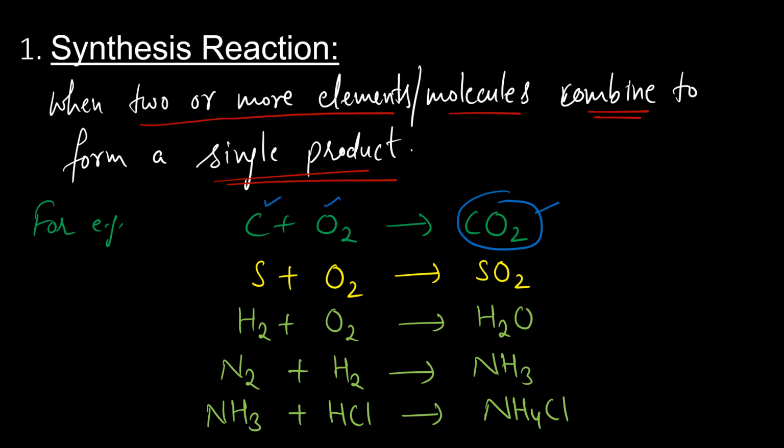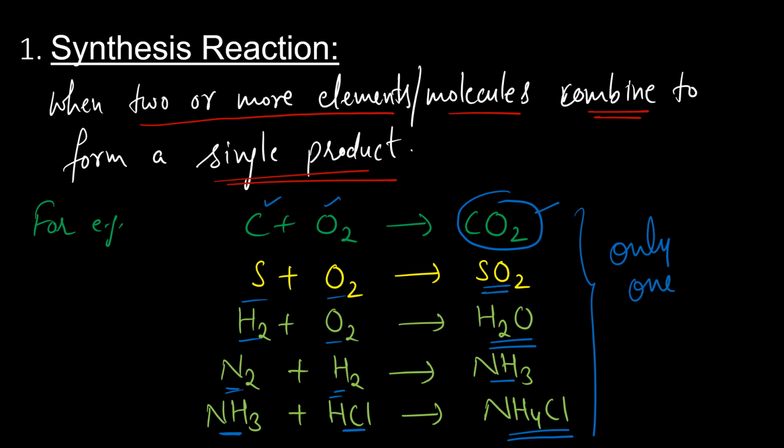Similarly, sulfur and oxygen give sulfur dioxide, hydrogen and oxygen give water, and nitrogen and hydrogen give ammonia. When combining ammonia with HCl, these two molecules give the compound ammonium chloride. So what you are observing is that you are getting only one product by the combination of a number of reactants. This is known as a synthesis reaction.